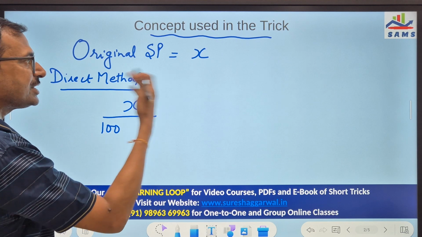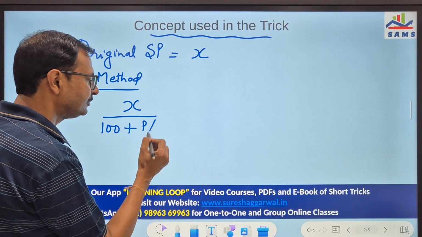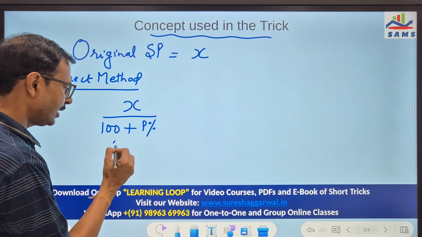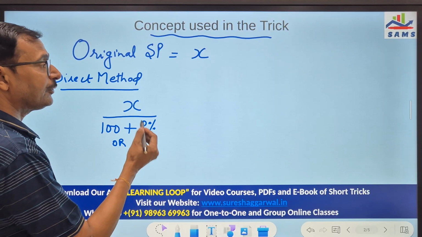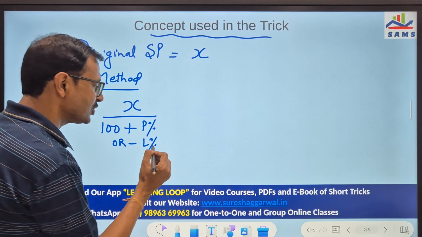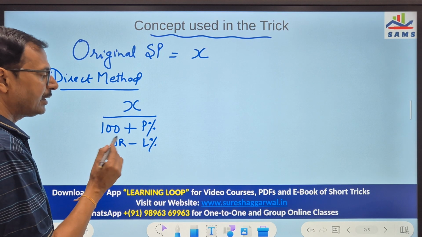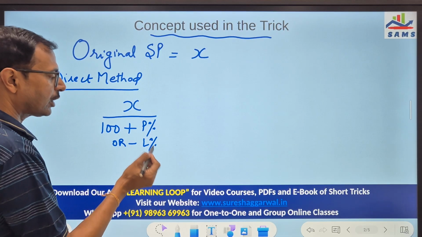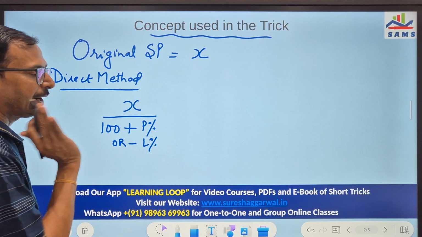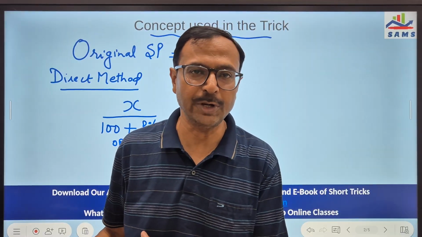If it is originally the profit, then add it to this plus profit percent, or we'll have 100. If originally there was loss, then subtract loss percent. So this is original, okay? So 100 will be the default number, add profit or subtract loss from 100. Now this is the left hand side of the equation which you have to formulate.